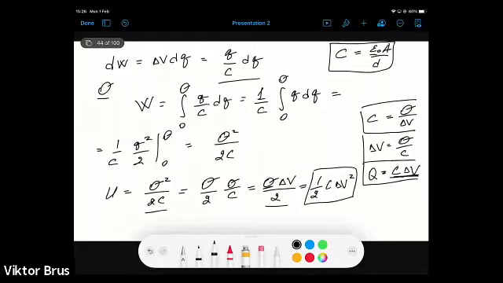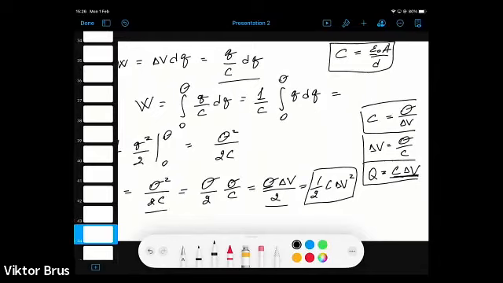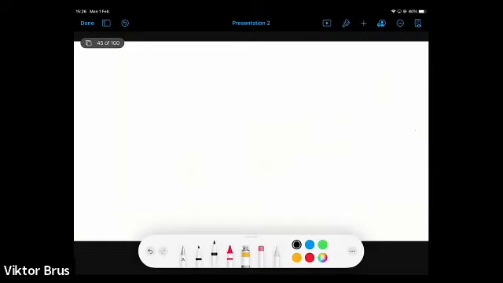So let us show it graphically for better perception of this information.